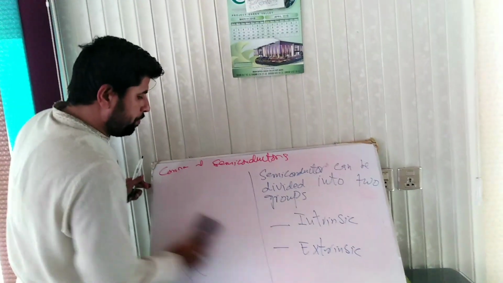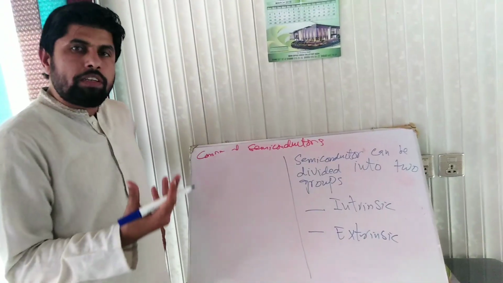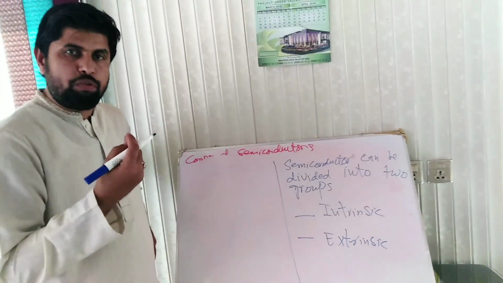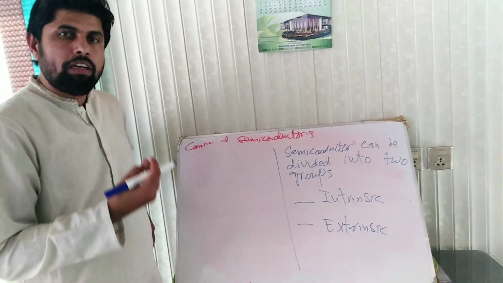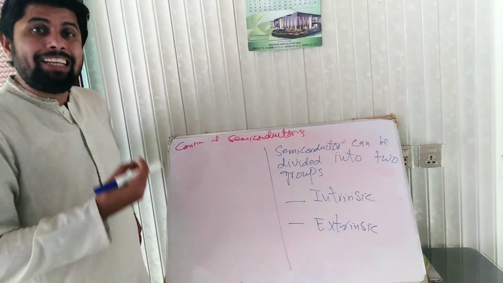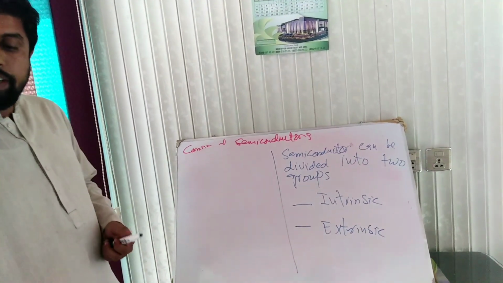Since silicon and germanium consist of 4 electrons in their valence shell, they can complete their valence shell by making covalent bonds.